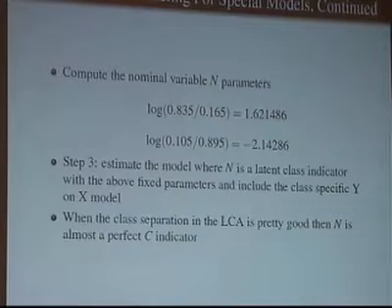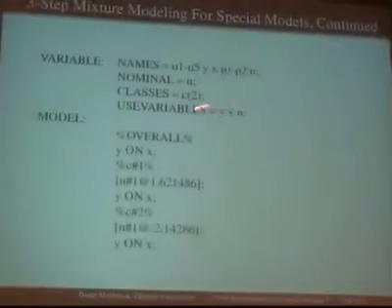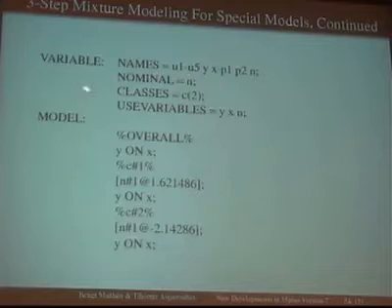So here is the input file for step 3. Again, this is the N variable, which is the most likely class variable. When you save the data, you get the original data points. These are the class indicators. Then there are the two other variables that you're going to analyze in a regression of y on x.